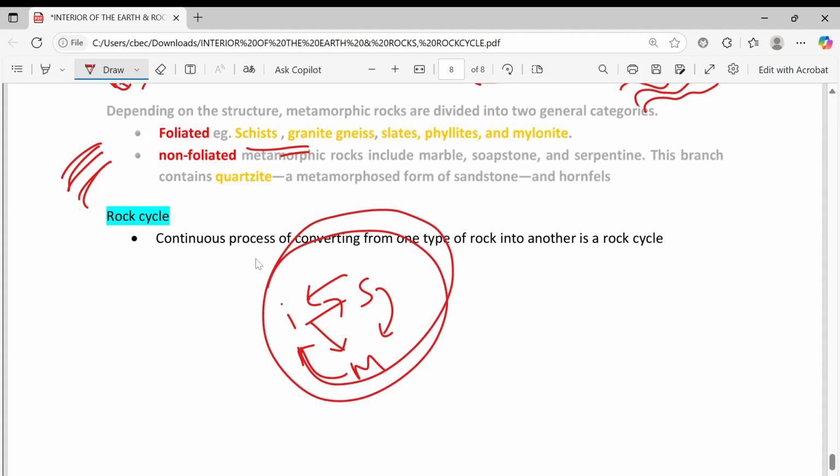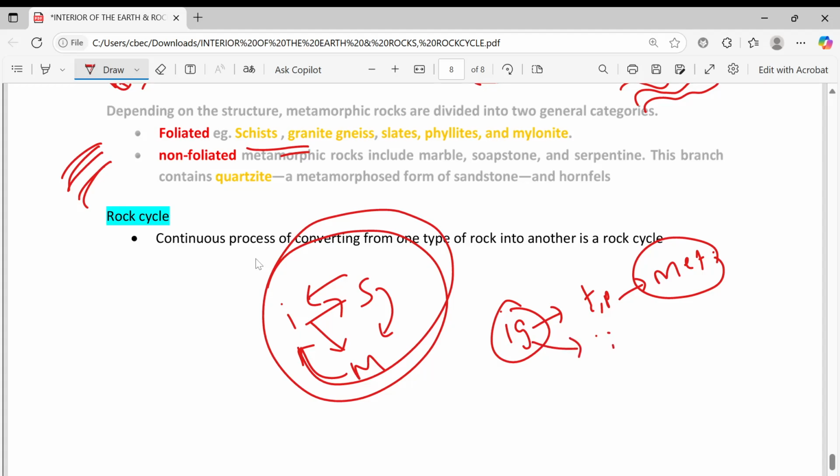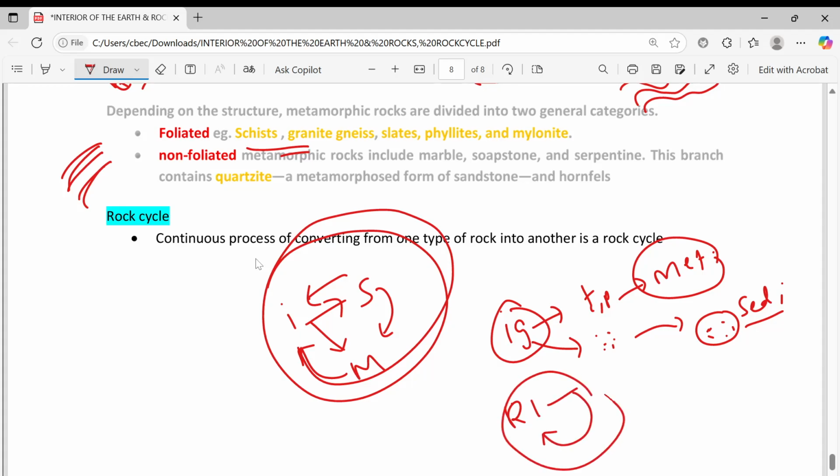Igneous rock, when you apply temperature and pressure over time, converts into metamorphic rock. Eroded material keeps depositing and forms sedimentary rock over a period. So one rock keeps converting into other rocks. That is the rock cycle, and this is important.